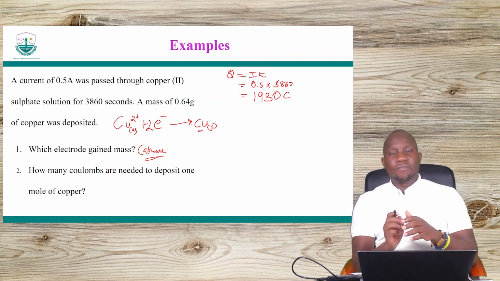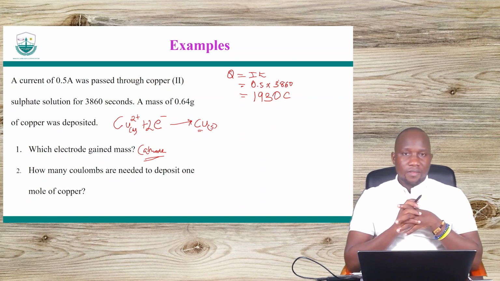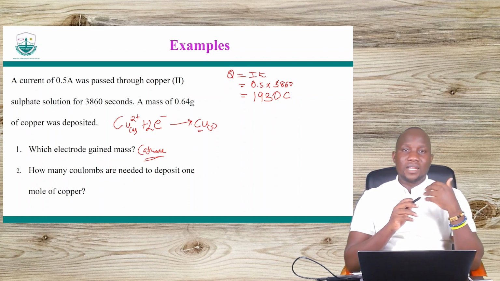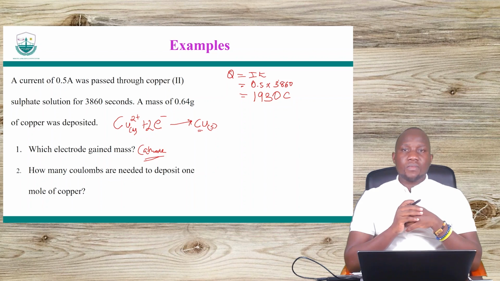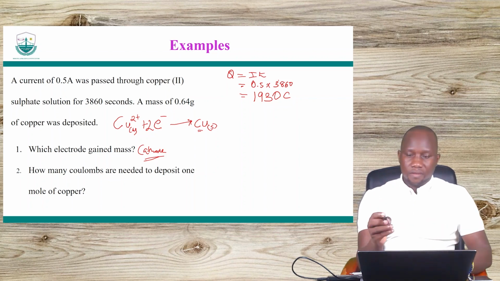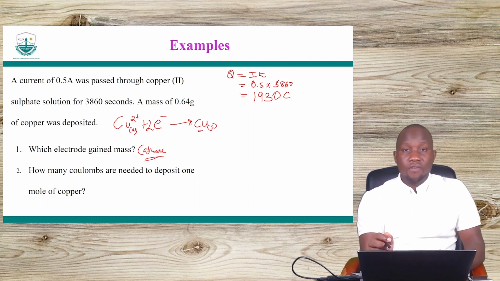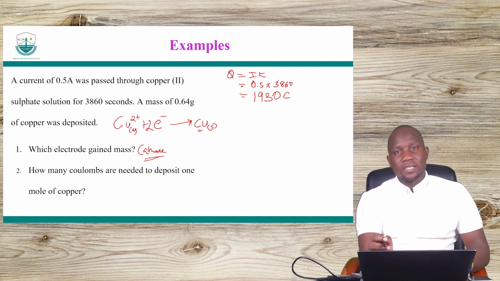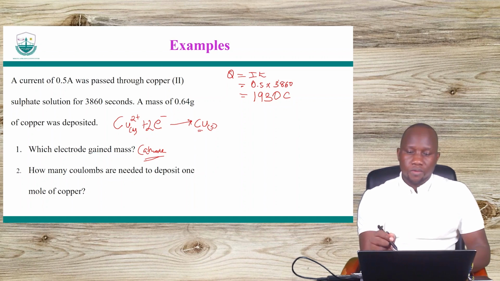Remember, from our previous statement, we said that Faraday's constant relates to the amount of charge on 1 mole of electrons, right?